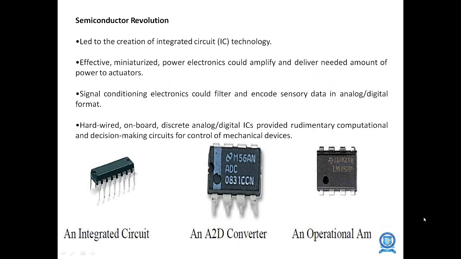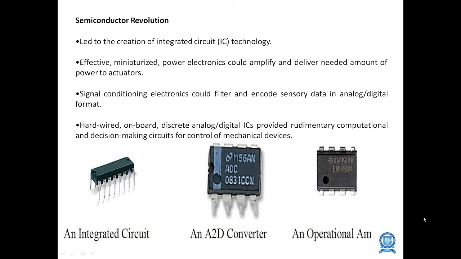Semiconductor revolution: from the LED to the creation of integrated circuit technology. LED is light emitting diode. The effectively minimized power electronics could amplify and deliver the needed amount of power to actuators.